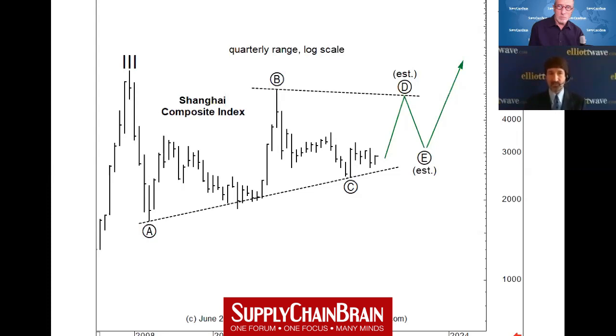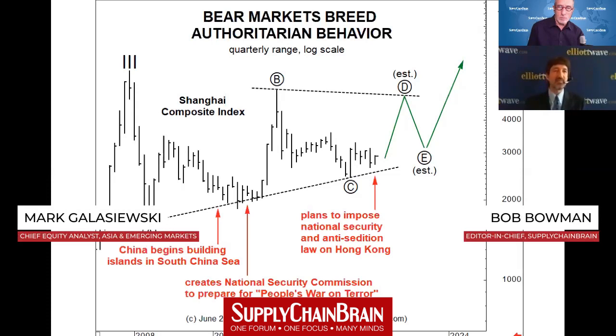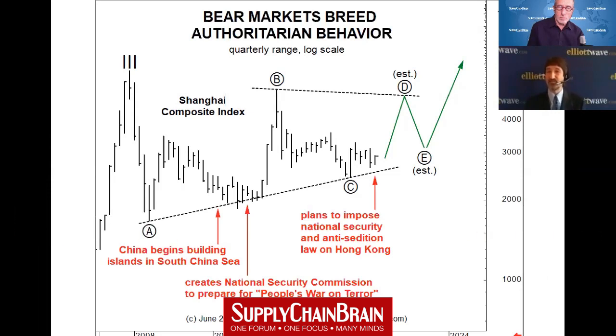And I'll give you some examples if we could go to the next slide. Now, China is an authoritarian state, but the wonderful thing about human beings is that whether you live in an authoritarian state or a democracy, when it comes to the stock market or freely traded financial markets, you're going to behave and react to that environment in the same manner.